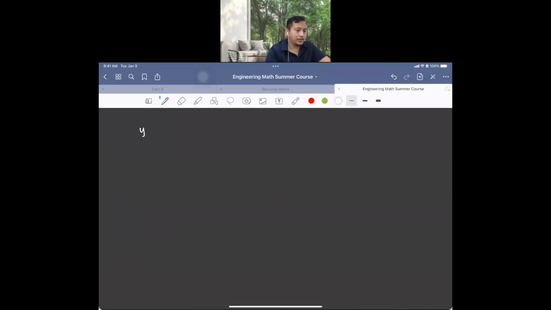For example, if we add more, y1 is e to the x, y2 is e to the 2x, y3 is e to the 3x. These are solutions of the third order equation, y triple prime minus 6y double prime plus 11y prime minus 6y equals 0.